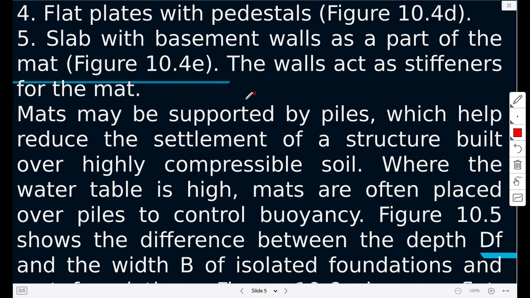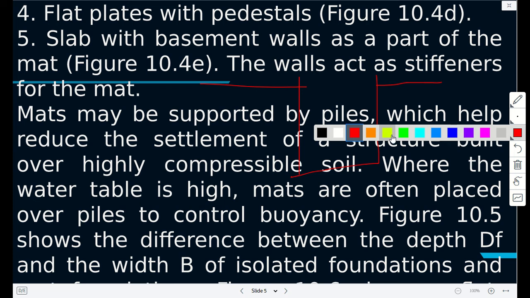This is the same idea when you're doing, for example, work in Kenya. We don't have a lot of deep excavation, I guess. But sometimes, if you want to put some structures, normally you put what is called walls here.